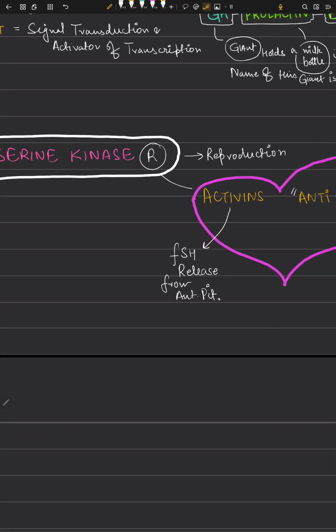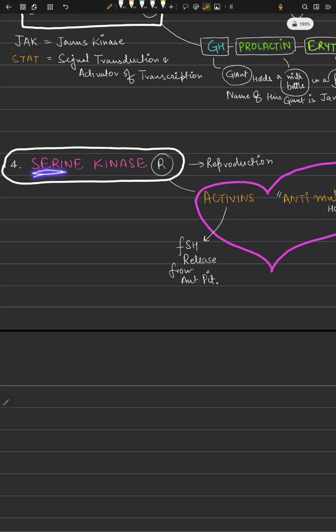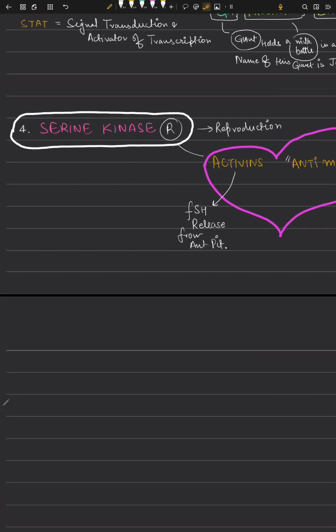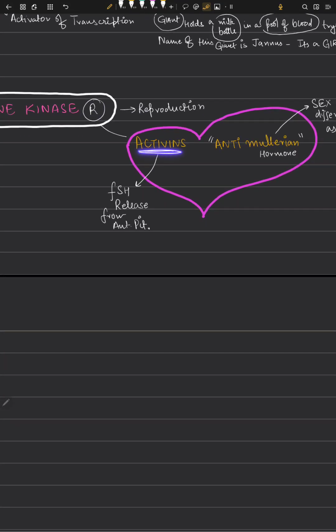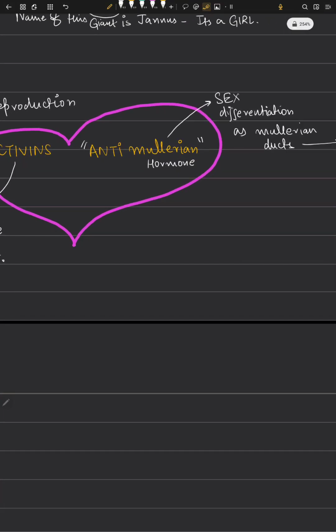Let's talk about serine. Serine kinase, sexy name, I must say. Why sexy? Because it's used in reproduction. Serine kinase receptors bind activins and anti-Mullerian hormone. What is anti-Mullerian hormone? It is involved in sex differentiation in boys.